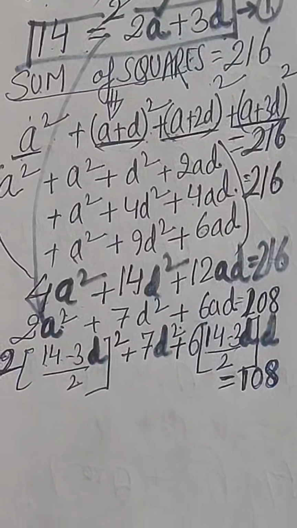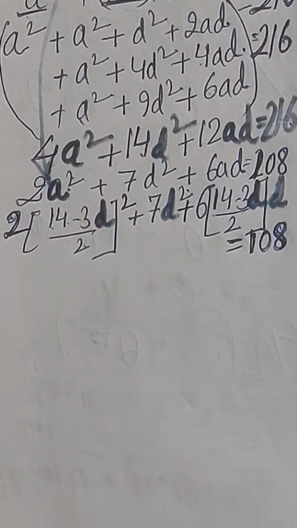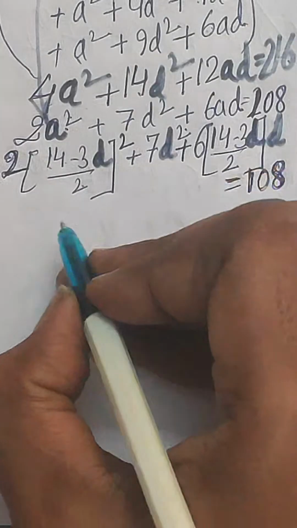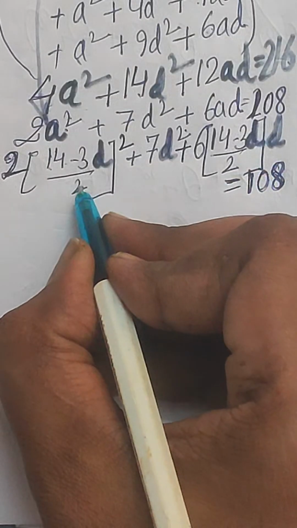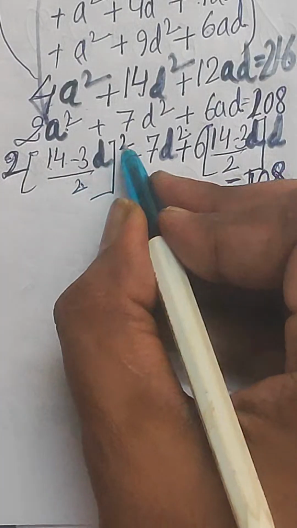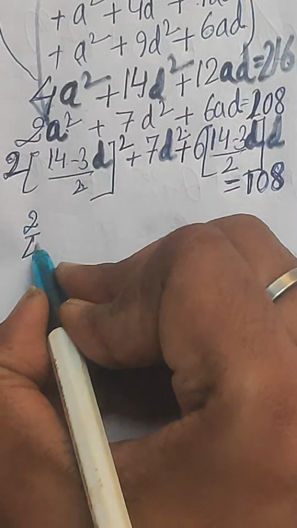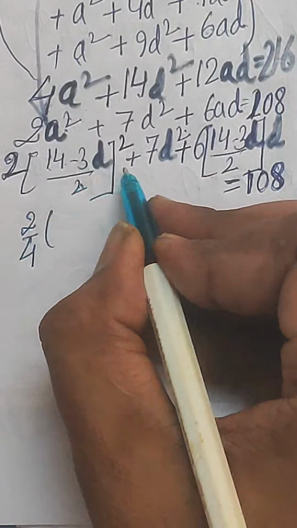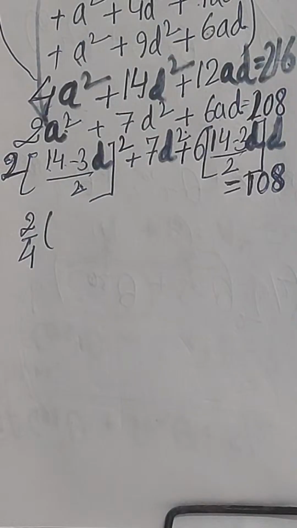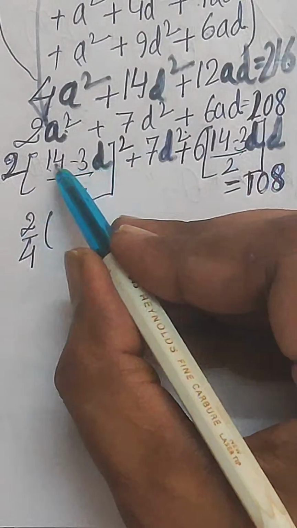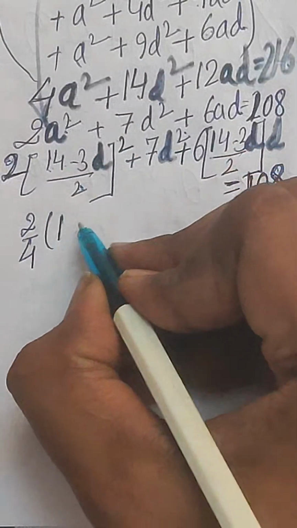Now we need to just solve this, right? So when you will be solving it, this will give you, here 2 will be 2 square, so it will be 2 by 4, (14 minus 3d) whole square. Just expand, a minus b whole square.